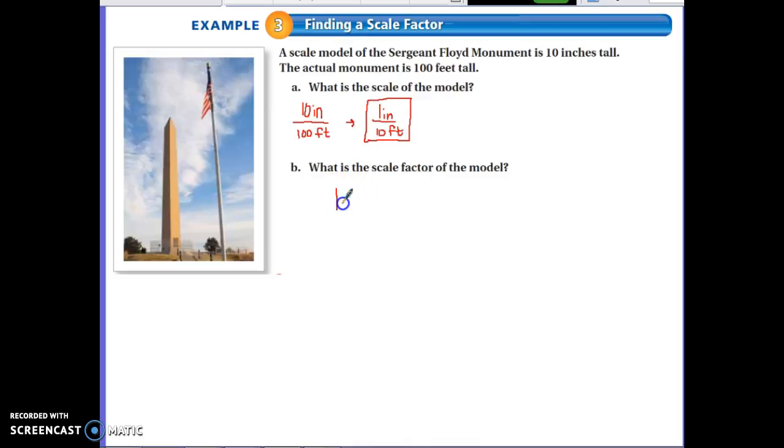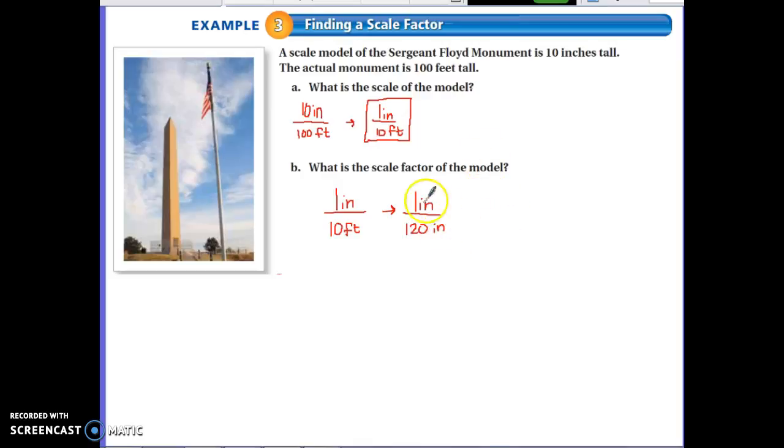So I have 1 inch representing 10 feet. But instead of 10 feet, I know that 10 feet is equal to 120 inches because there are 12 inches in every foot. And if I have 10 feet, that means I have 12 tens. So this is going to become 1 inch over 120 inches.